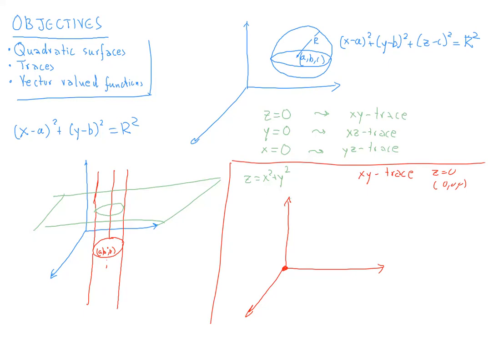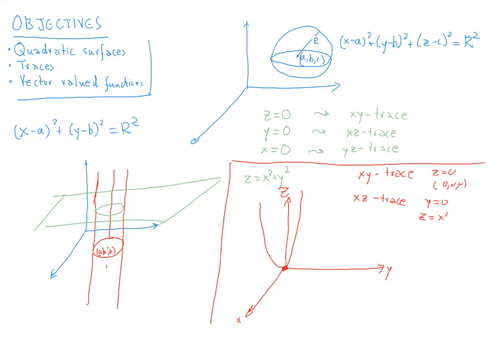But if we consider the xz trace, the xz trace gives us the intersection of the surface with a plane which is spanned by the x-axis and the z-axis. That is obtained for y equals 0. Then we're going to get z is equal to x squared. And z equals x squared is a parabola on that plane.